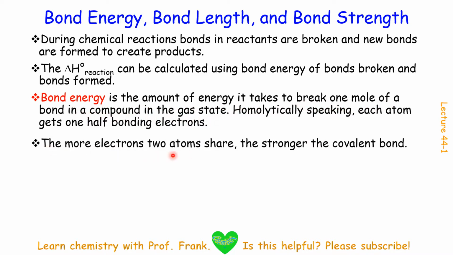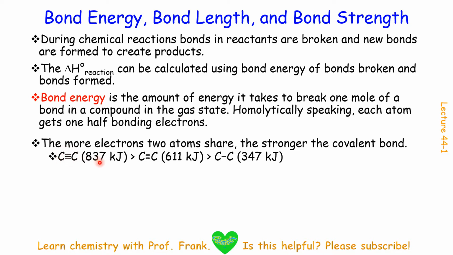The more electrons two atoms share, the stronger the covalent bond. For example, in a triple bond, there are 6 electrons, and in this case, carbon-carbon triple bond, 6 electrons are shared by 2 carbon atoms.